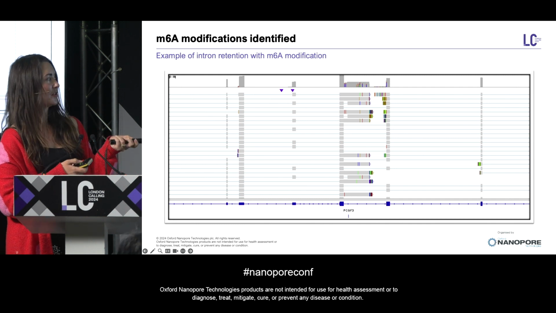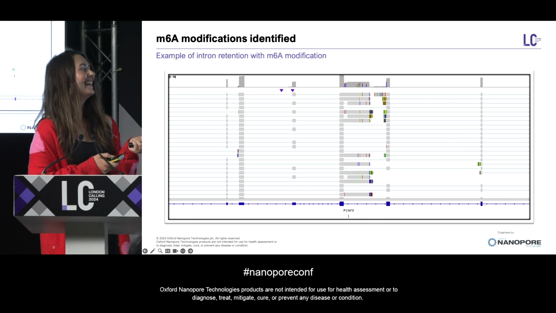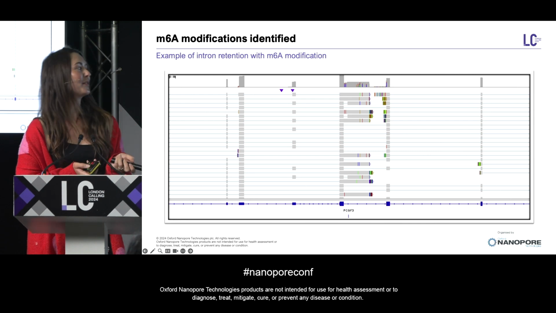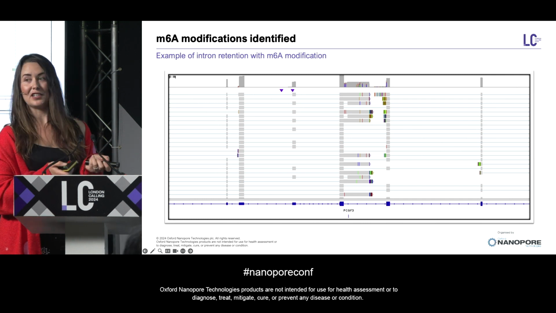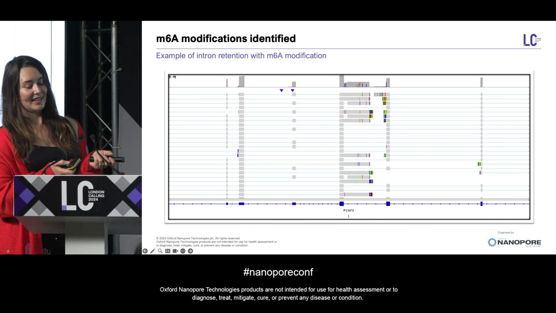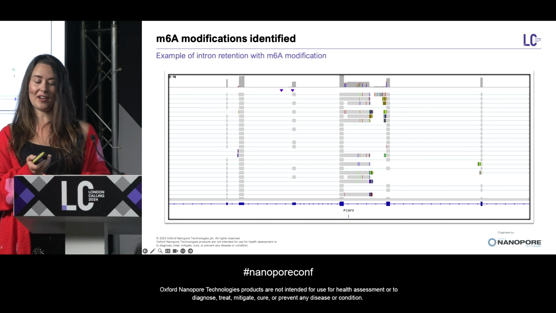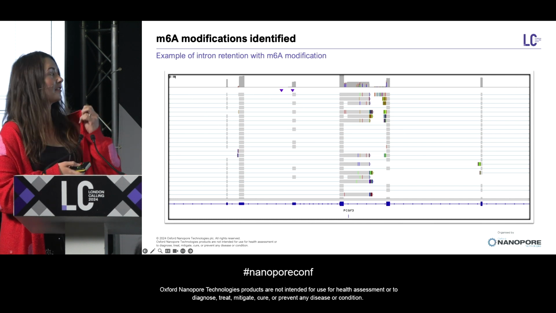Just here at the bottom, you can see this line is one of the modifications we identified. You can also see it was only identified in a specific transcript. It's actually an intron retention isoform, and the mod was only on that transcript.